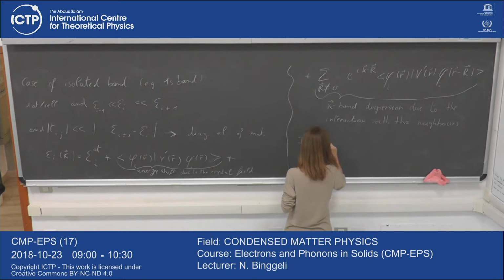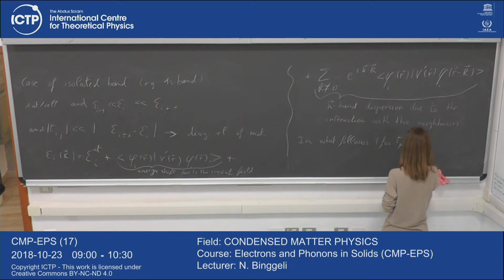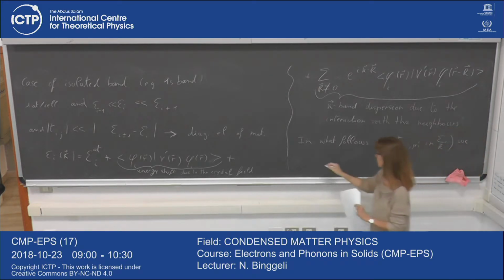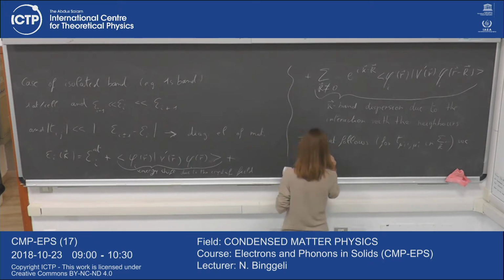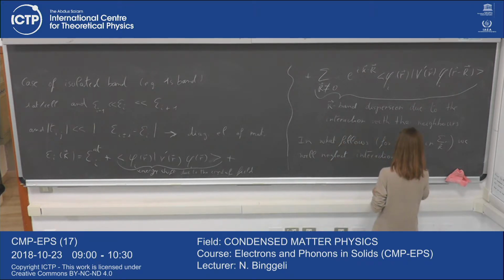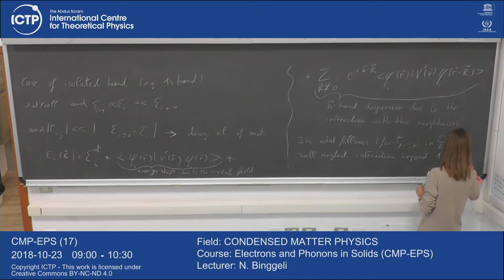So in what follows, for the coupling terms, mu prime, I prime, mu I, in the sum that I have here, we will neglect interaction beyond the first nearest neighbor.